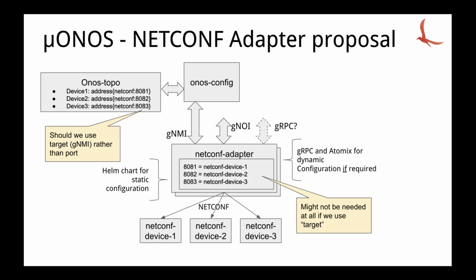We should definitely strive for the target instead of the port. And then you could have an internal mapping in the adapter that is configured to know that's the target and that's the port for that target. Yeah. And I think you might want a situation where you have many replicas of the NetConf adapter, and that's kind of where I was thinking the atomics might come in.